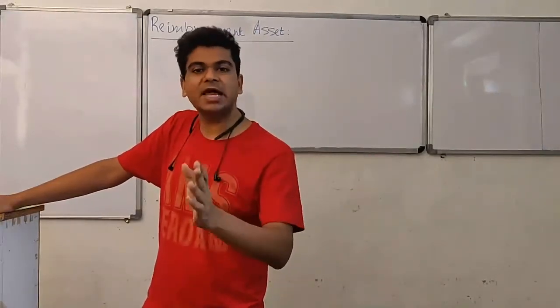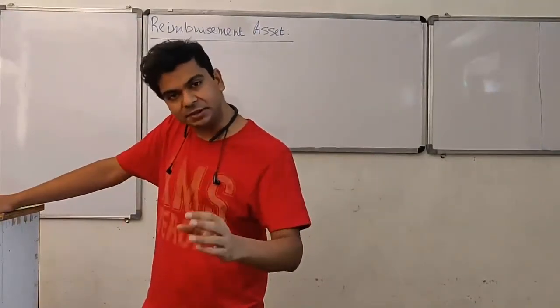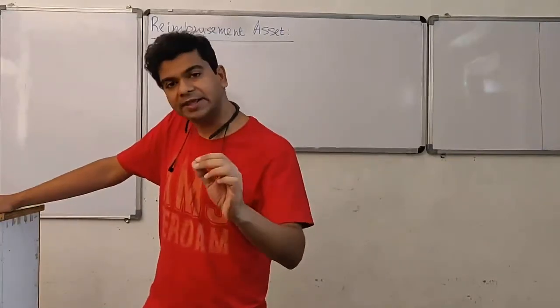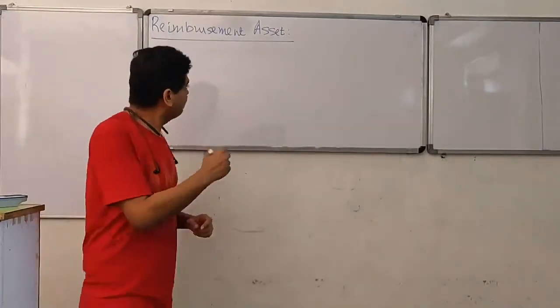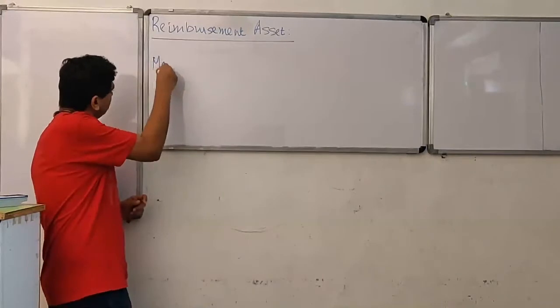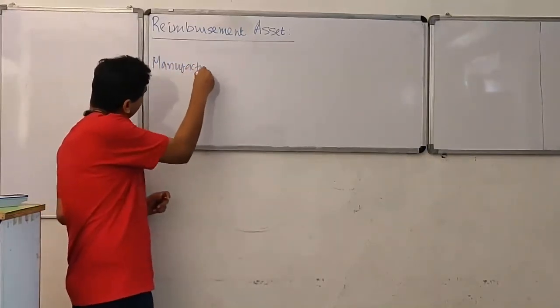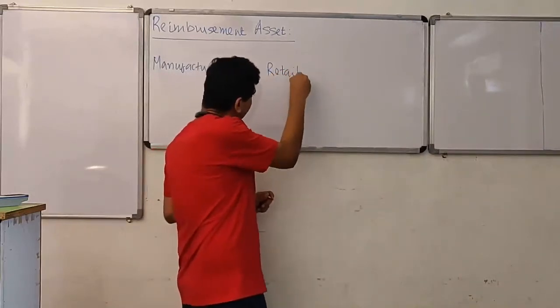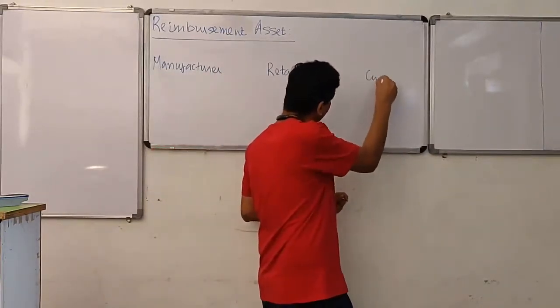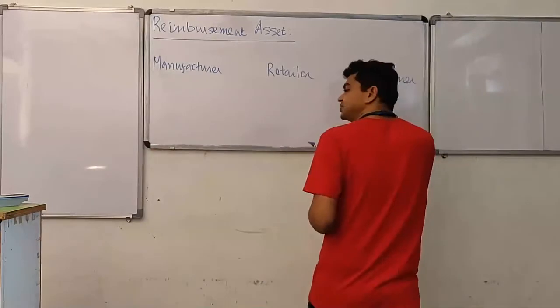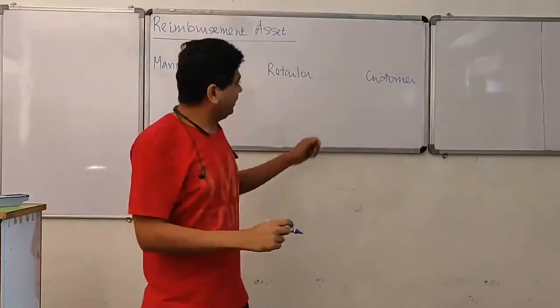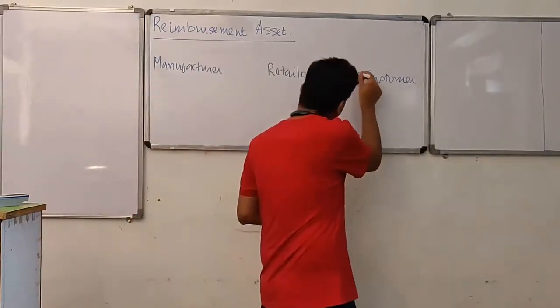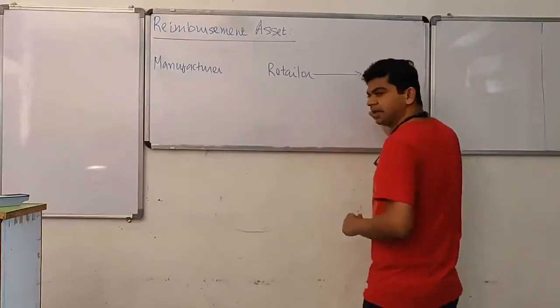But first, let's understand the case of a reimbursement asset with the help of a simple example. Let's say there is a manufacturer, there's a retailer, and then of course the end customer. The retailer is selling the products to the customer on warranty basis.